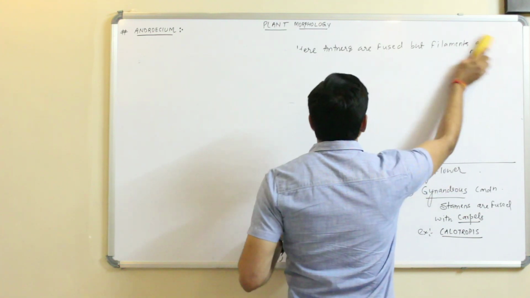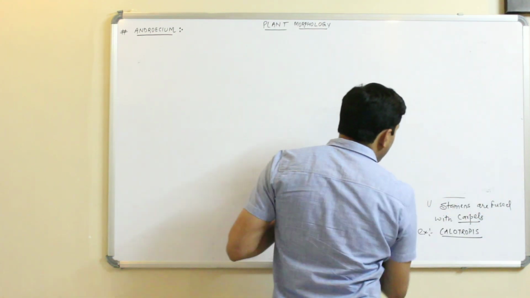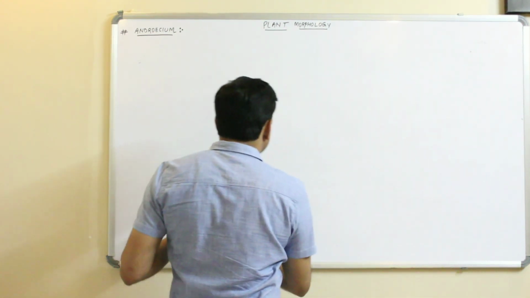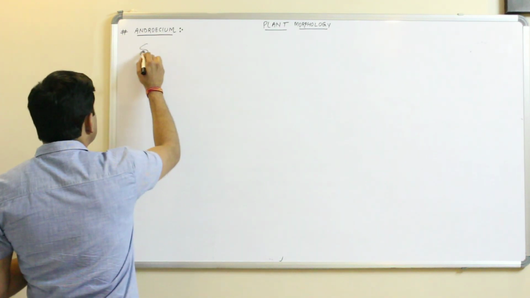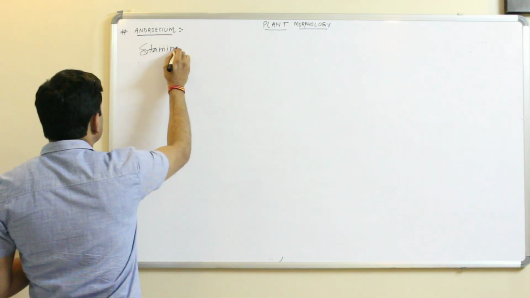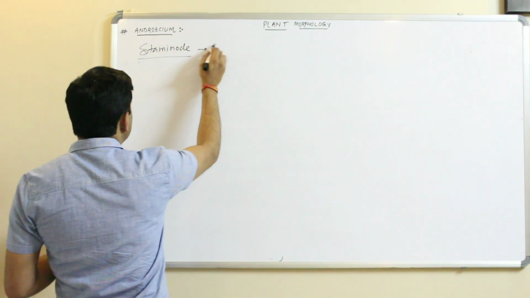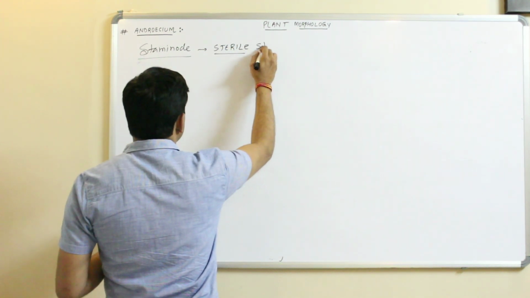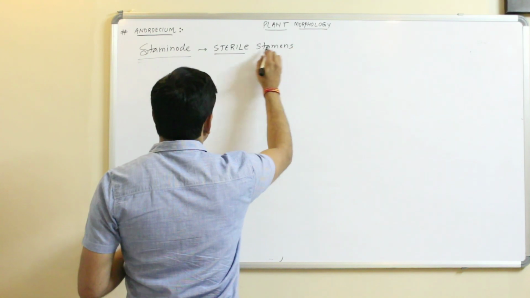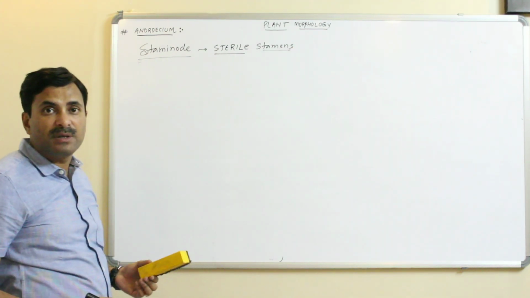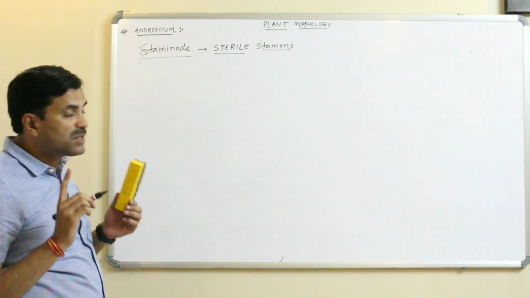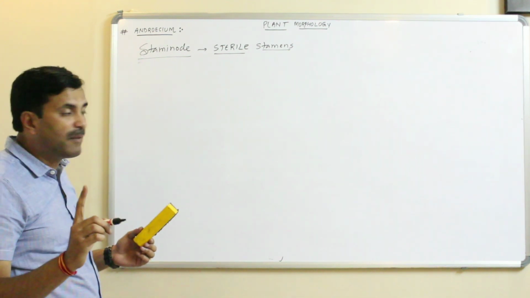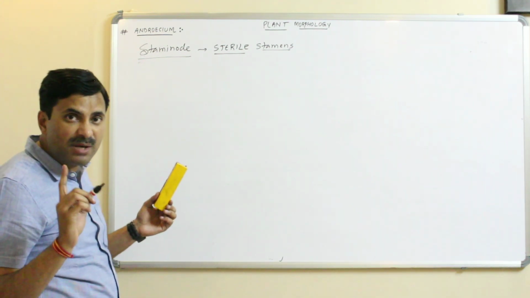What do you mean by staminode? What is this staminode? So this staminode means what? Sterile stamens which are not showing fertility. Sterile stamens are represented by staminode. Sterile stamens which are not having the fertility power are represented by staminode.